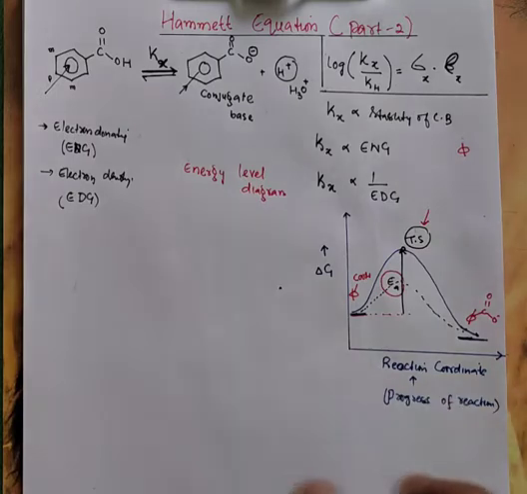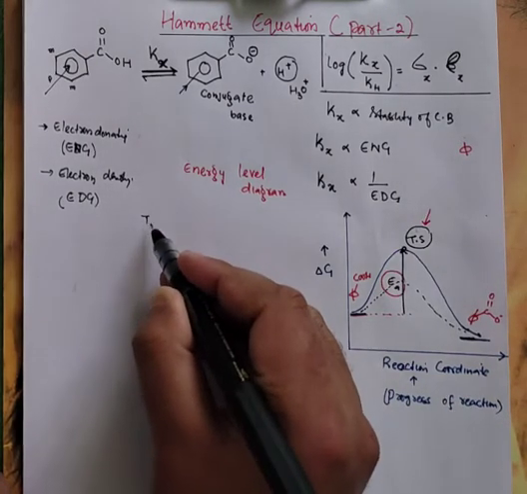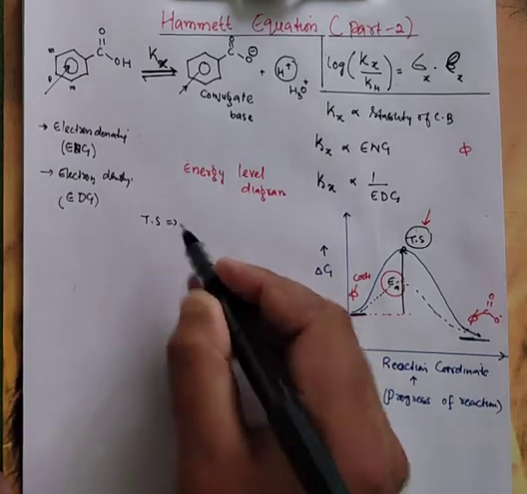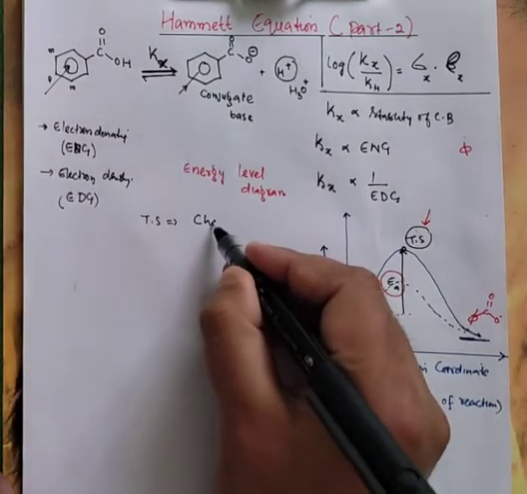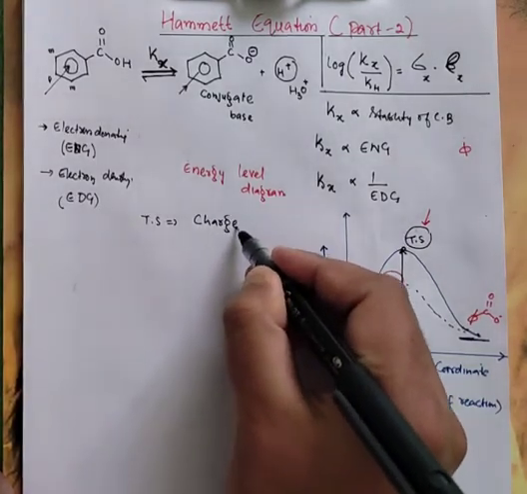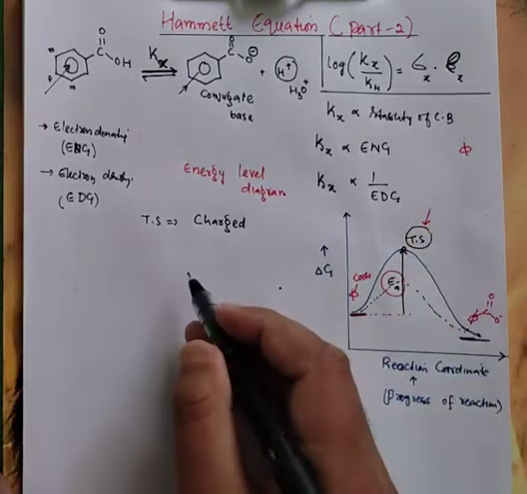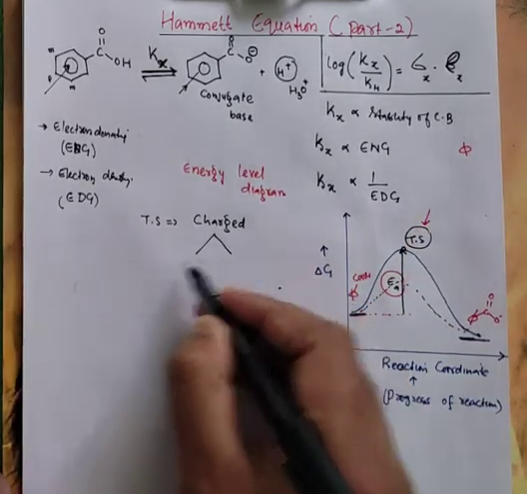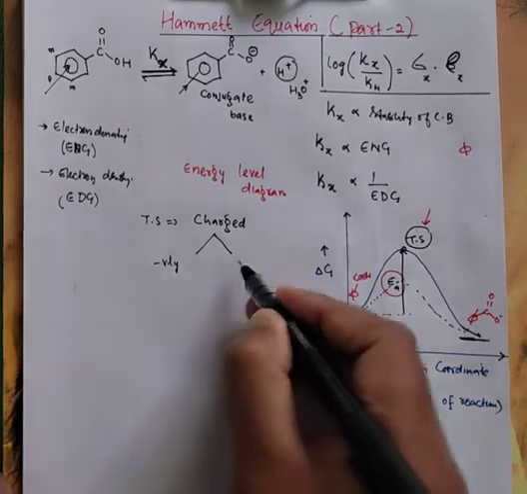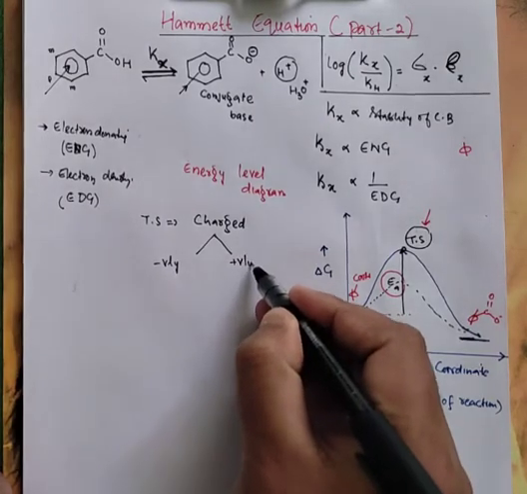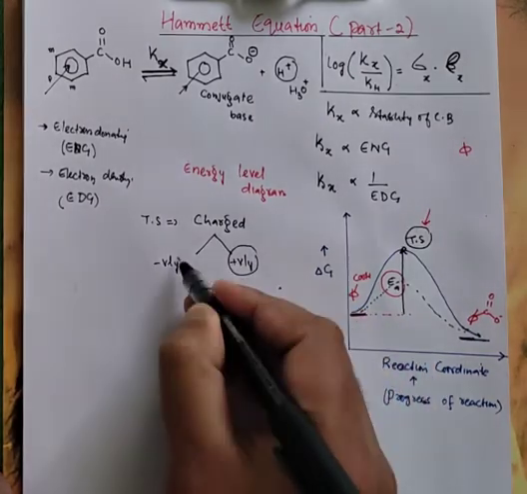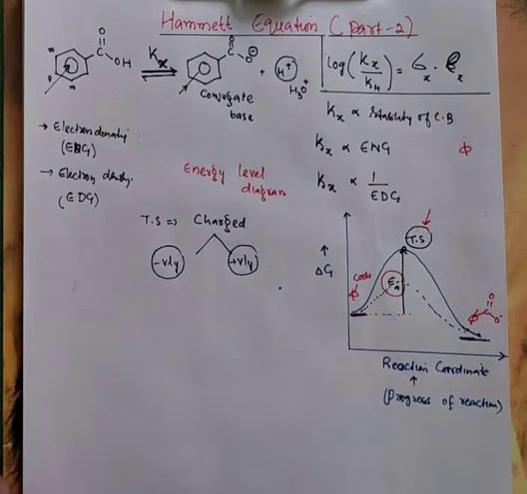What is a transition state in any chemical reaction? Let's remember, this transition state is usually charged. If it is charged, we have to see whether it is negatively charged or positively charged. Transition state, we know, is less stable.